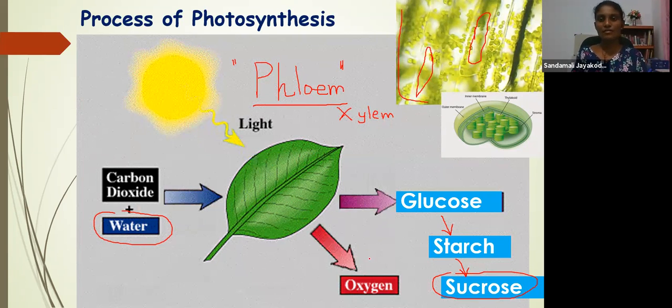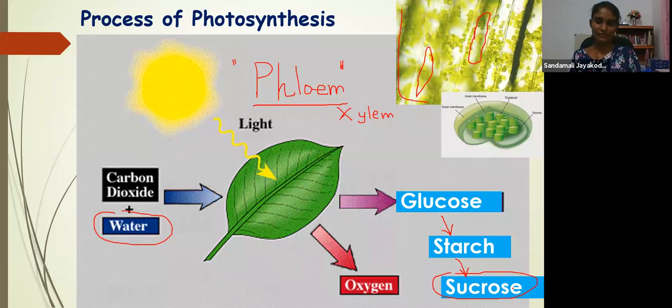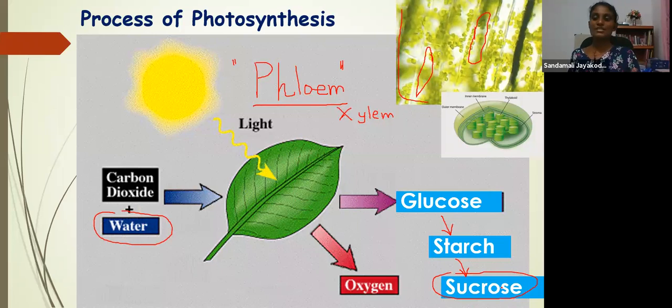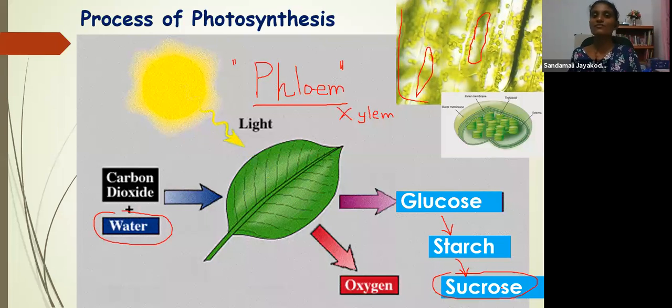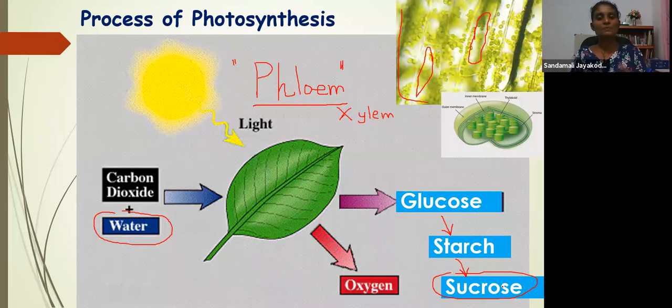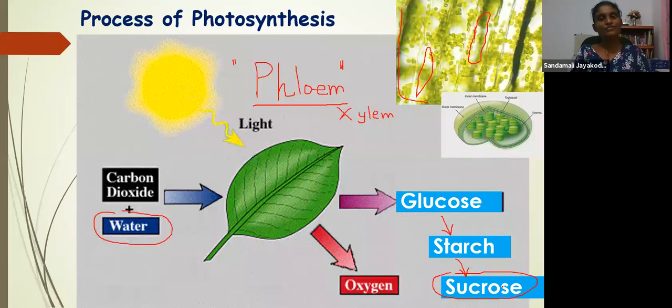I just told only about what is the main product and how it is converted into different things here. And then finally, the sucrose, which is transported along the phloem, is going to be stored somewhere, because plants produce this glucose as their food, not for us.